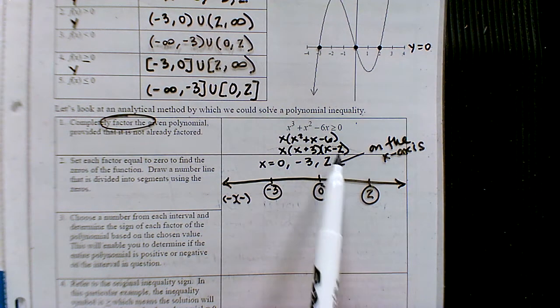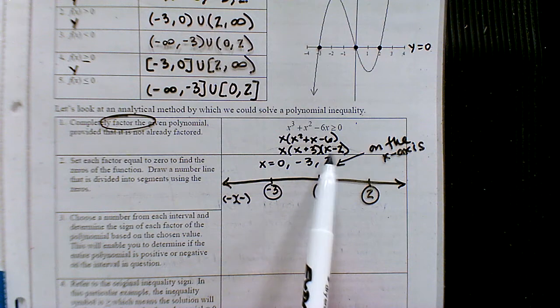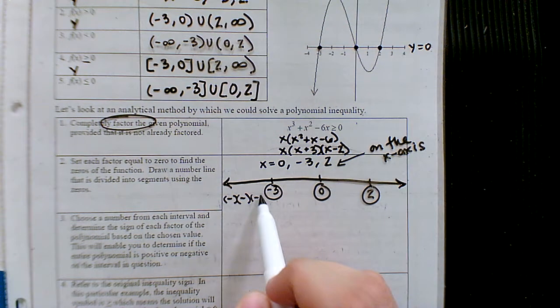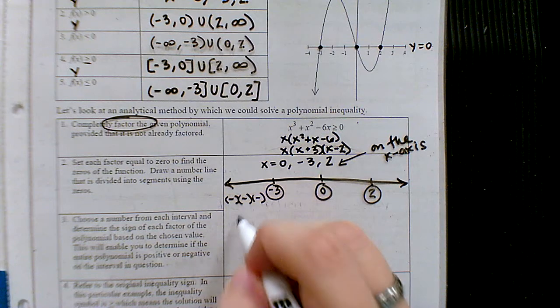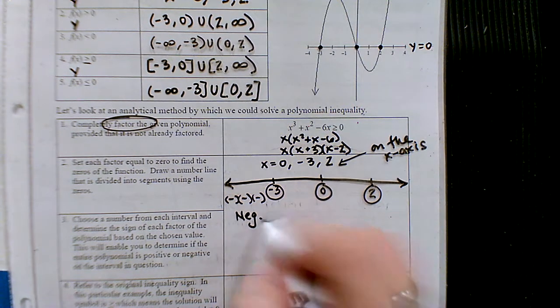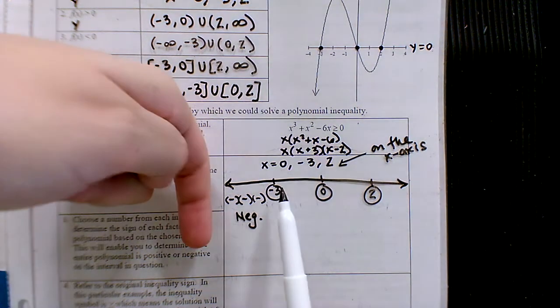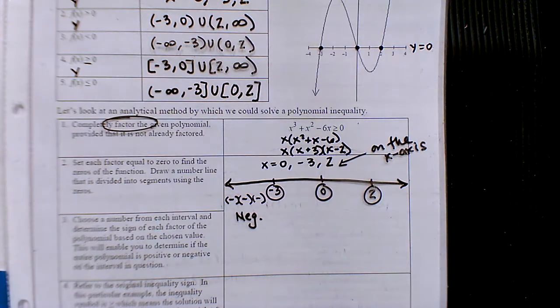And if you were to plug in -4 into the last factor, -4 minus 2, that's negative as well. So if all three of those factors are negative, and you are multiplying those factors together, what's your overall sign? Negative times a negative times a negative? You're negative.